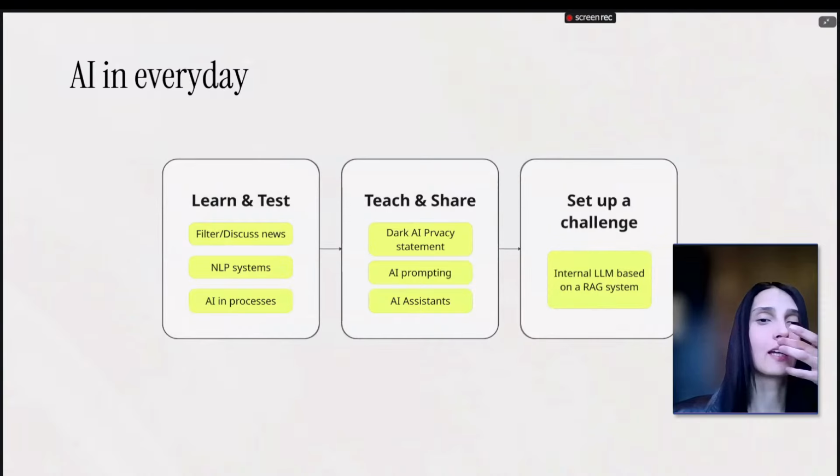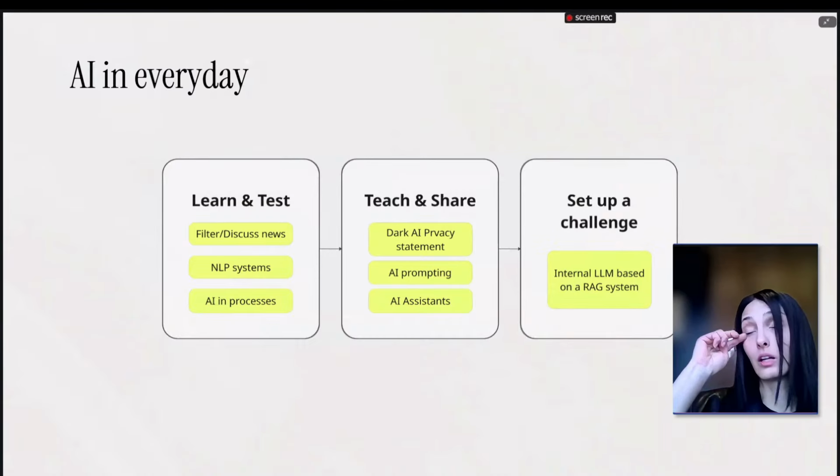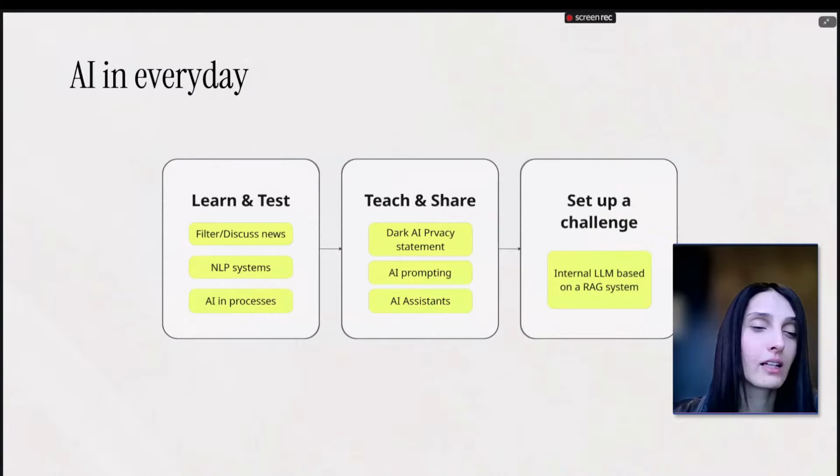So if we take the AI everyday tasks, we set up these tasks for ourselves. The first thing is to learn the different NLP systems, and the LLM systems that we can find, like Claude, Gemini, ChatGPT, and all the different things that are already easy to find on the internet.